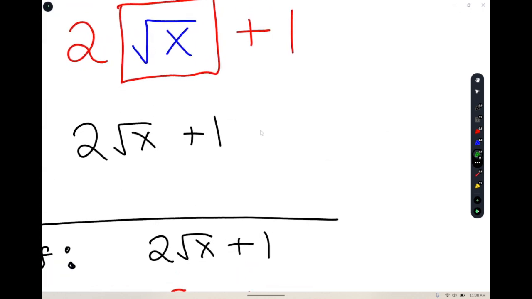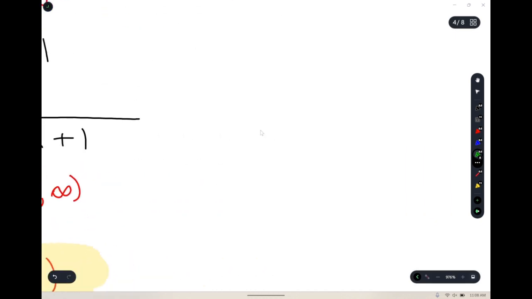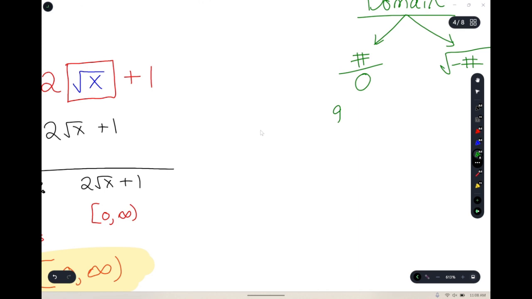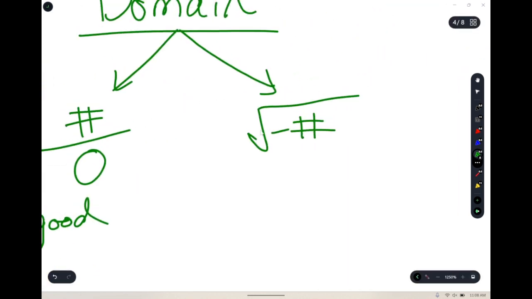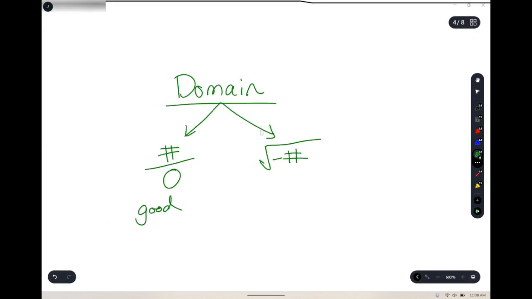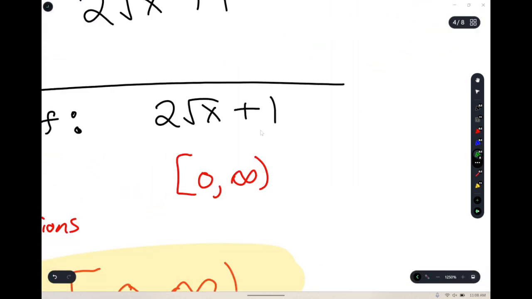Not even possible. There's no x on the bottom, right? There's no fraction at all, much less x on the bottom. So we don't even have to worry about that one. But then we have to ask ourselves, is there any way for there to be a negative under the square root? Yes, there is. That would have been if we took everything under the square root, which is just x, right?